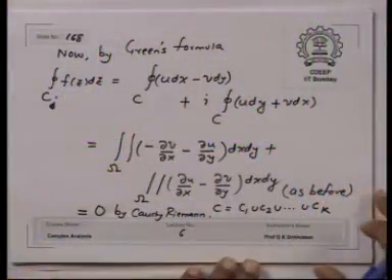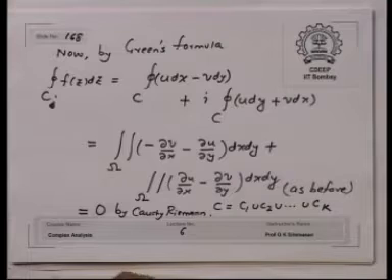Alright. So now let us try to see what is the significance of analyticity in this context. So now let us apply the Green's formula. The integral of f(z) dz over C is going to be the integral of u dx minus v dy over C plus i times the integral of u dy plus v dx over C, correct.